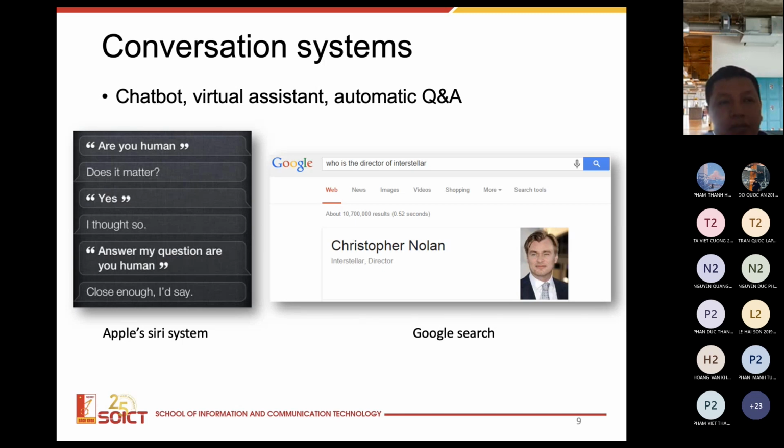You can ask a specific question, and the answer returned to you is not a relevant document anymore, but the precise information to answer that question. For example, here we ask about the director of the Interstellar movie, and Google Search can return to you precisely the name of the director, right?